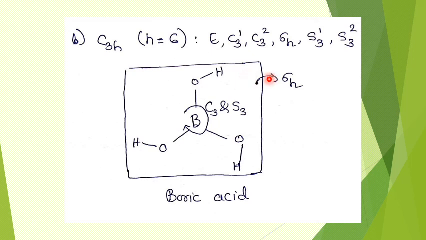C3 and S3 are collinear. We can rotate the molecule by 120 degrees, which gives a C3 operation, and further followed by a reflection, that will also be a symmetry operation in this case. So totally 6 symmetry operations are possible, and because it has a C3 axis and sigma h, the point group is C3H. Okay, let's see the animation of these two.